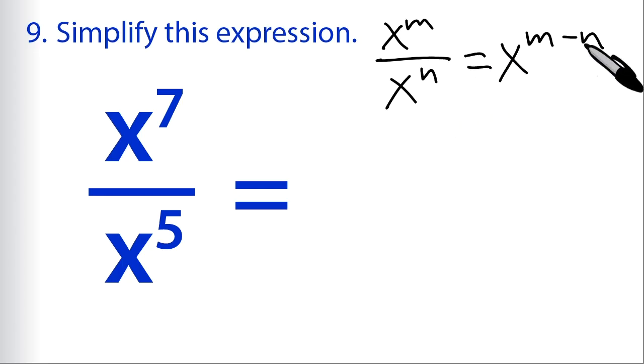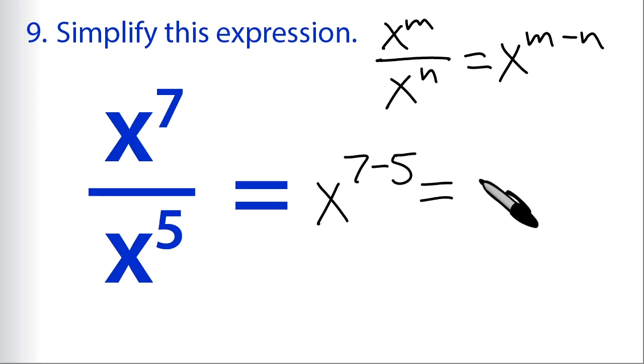And then we just subtract the bottom exponent from the top exponent. So in this case, we subtract 5 from 7. So this would equal x to the 7 minus 5, and 7 minus 5 is 2. So x to the 7th over x to the 5th equals x squared.